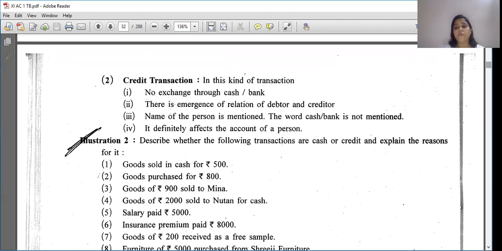So better you follow my instructions. In theory, it was a different thing; I was explaining and everything was not required to be written. So I had given you time after completion. But in these practical chapters, students have to practice daily with me. Is it clear? For this only I had given you Saturday. Did you understand? And for the next credit transaction also I'm going to give you Saturday only.